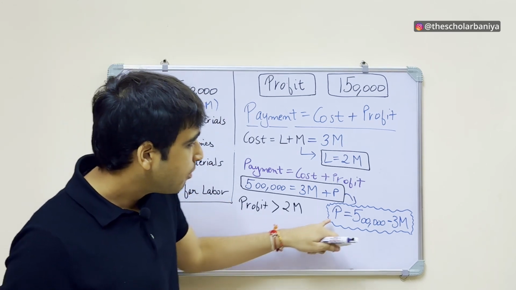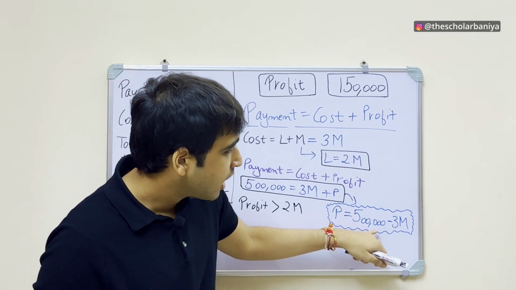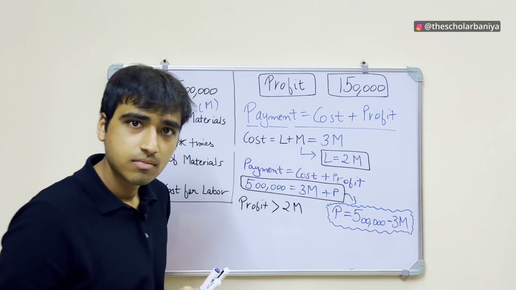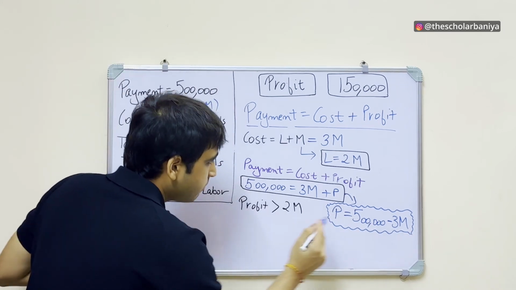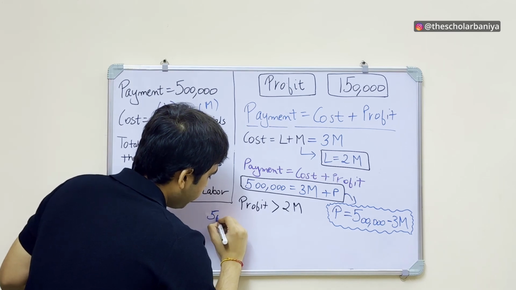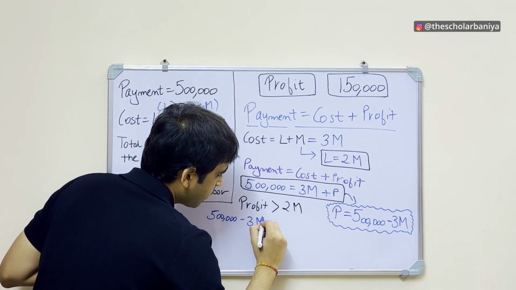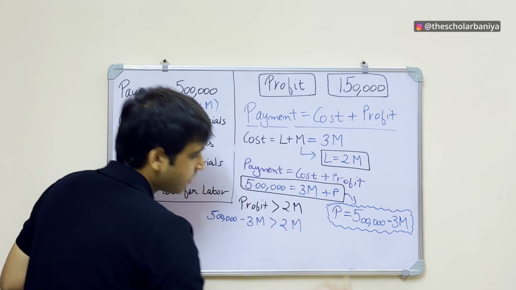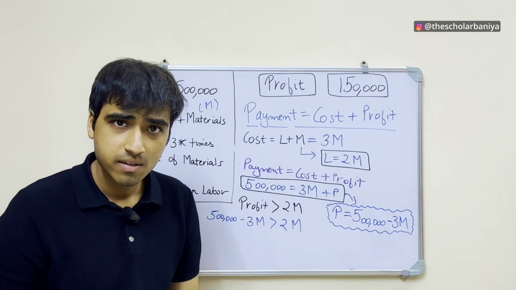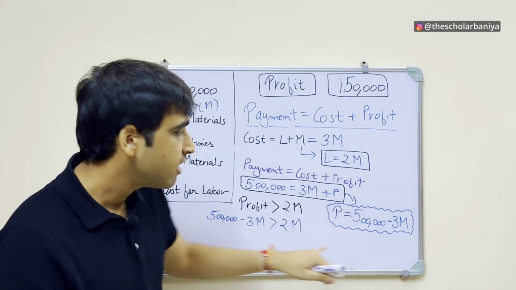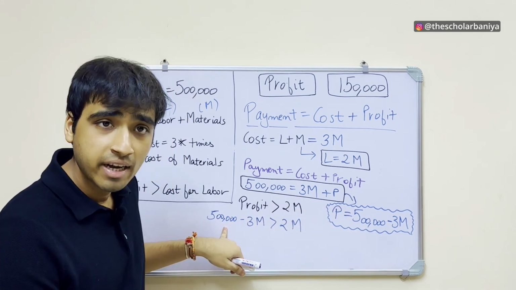Also, we know that profit is what? 500,000 minus 3M. So instead of profit, we can write this, right? So we can write 500,000 minus 3M is greater than 2M. I hope this is very clear, right? This means that 3M, if you take it over there, so 5M is less than 500,000.